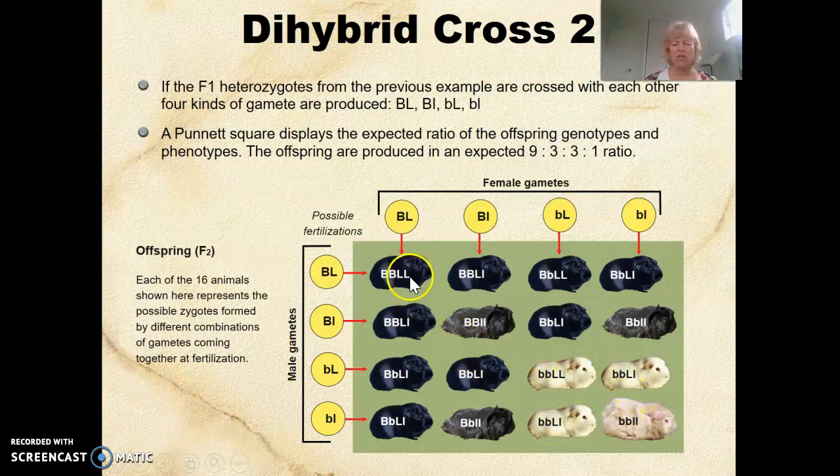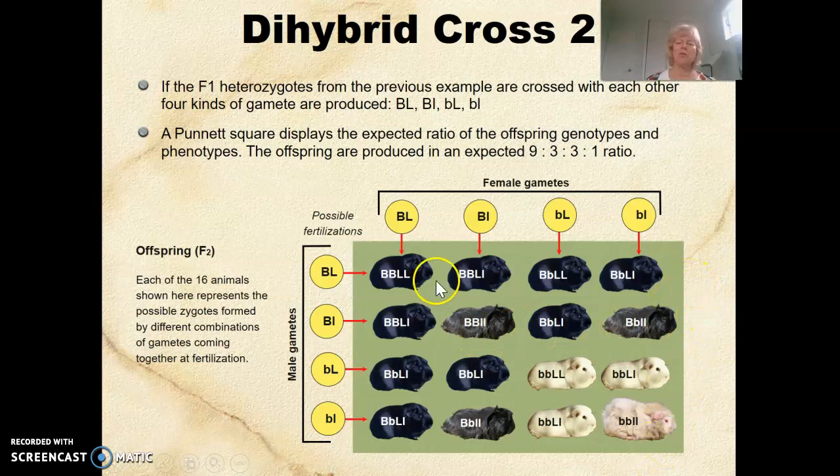Now let's have a look at coat length. You see that all of these, this one and these three, all have long hair, which means that they carry at least one big L, and this one, that one, that one, and that one are homozygous recessive for coat length, so they have two little l's and therefore they have short coat length.